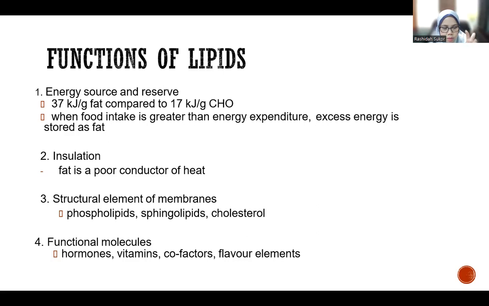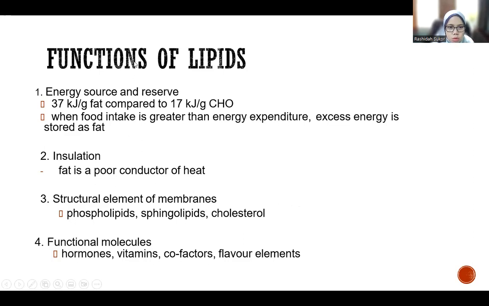So the structural element of the membrane is phospholipid. Like I said, you have phospholipid, you have sphingolipid, and you have cholesterol. These are the membranes, and they contain all these types of lipids, which are very important in the structure.